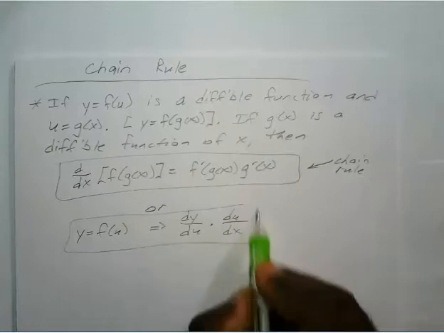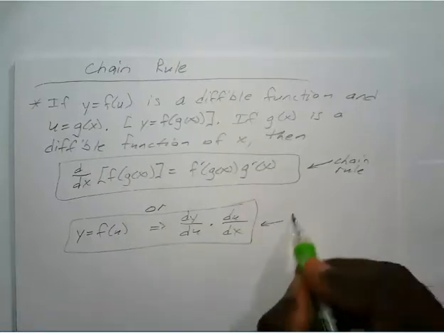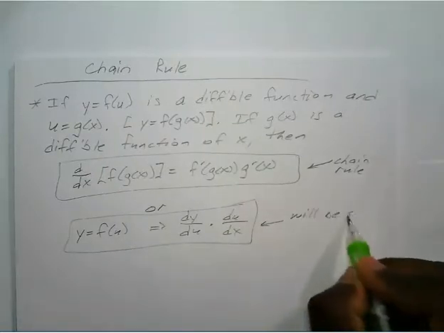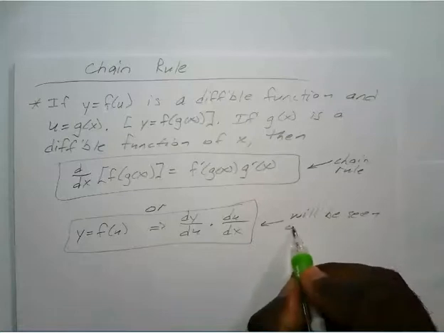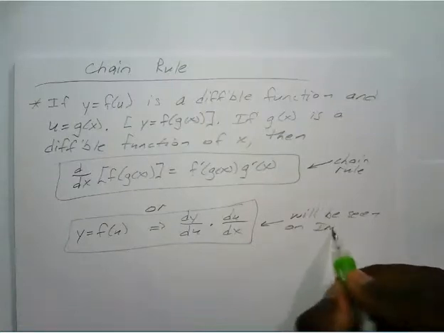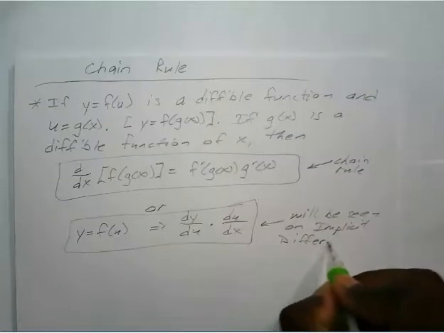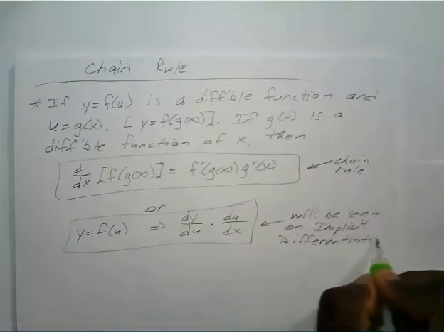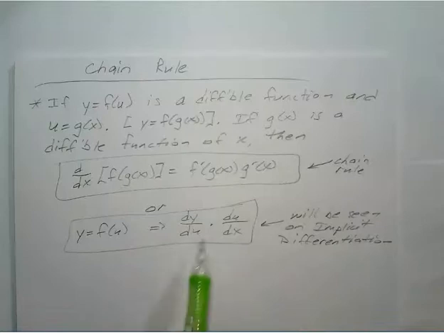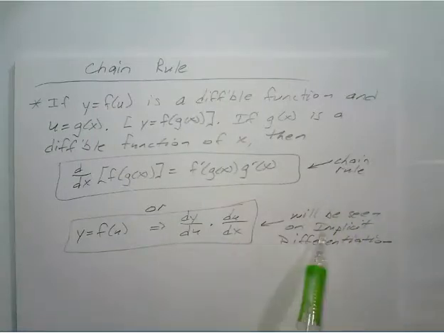Okay, so this will be seen on implicit differentiation. It's the same general idea as the chain rule, but we'll go into more detail on that when we reach implicit differentiation.